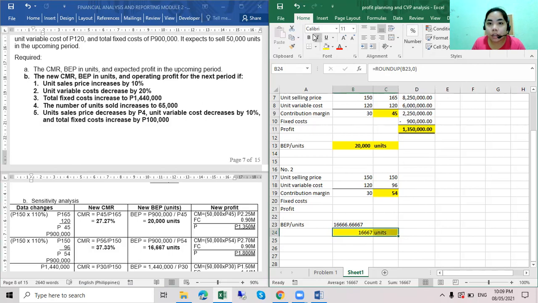So that's around 16,667 units. So ang percentage, by the way, the new CMR.